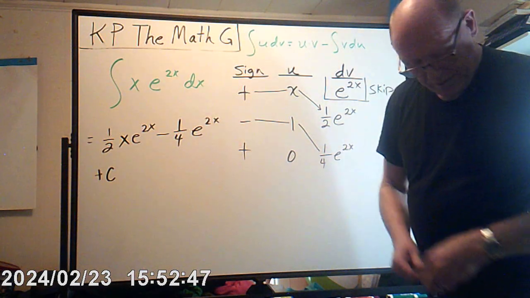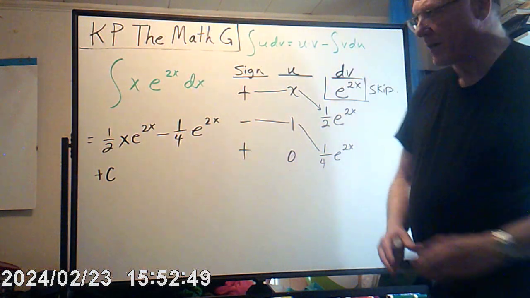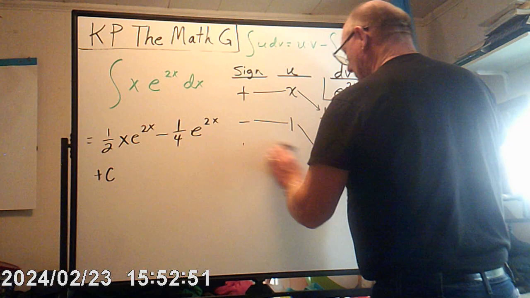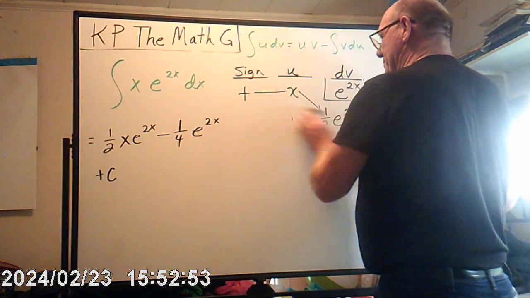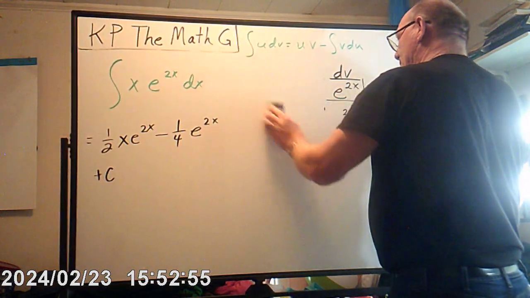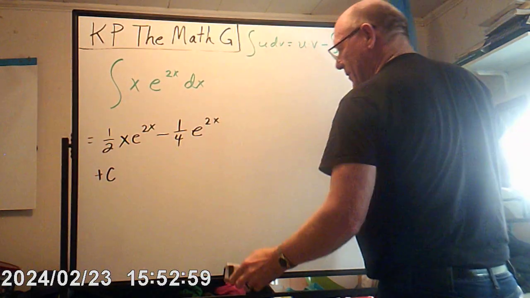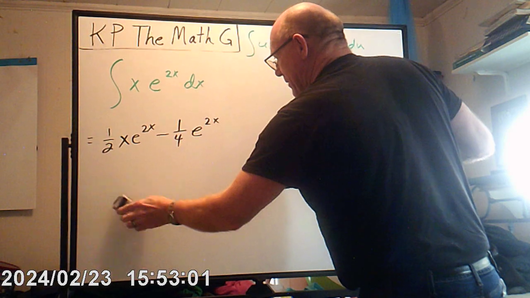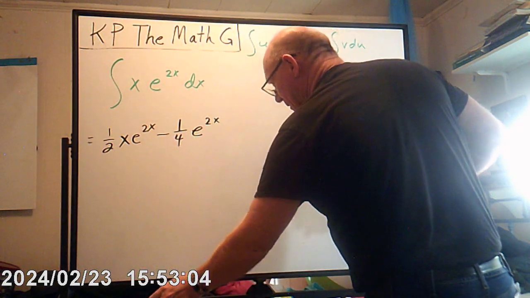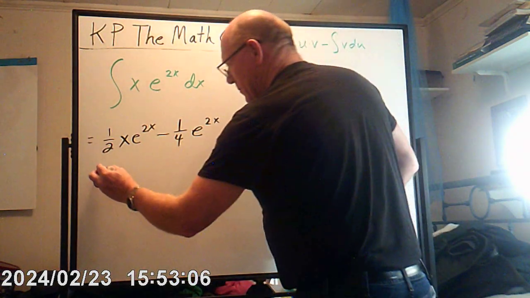I want to try one more thing here, and since this is a smaller problem, I'm going to take the derivative of this one. I could just leave the plus c over here, that's fine. Plus c.